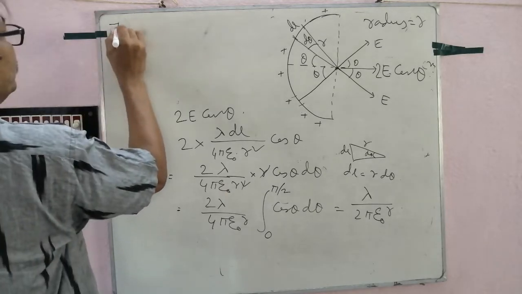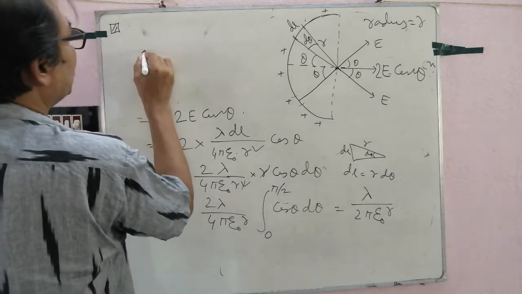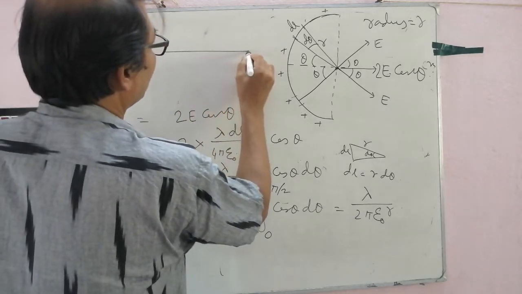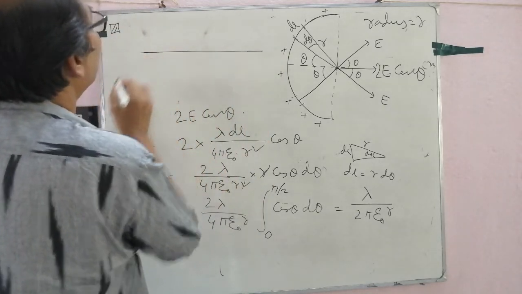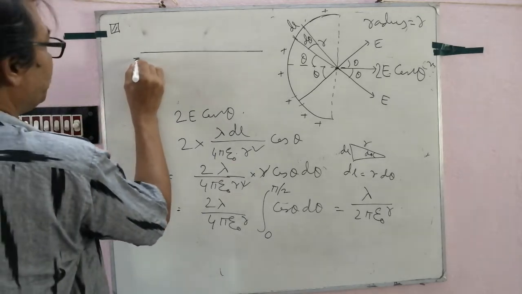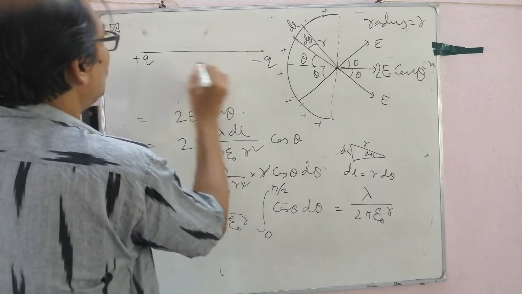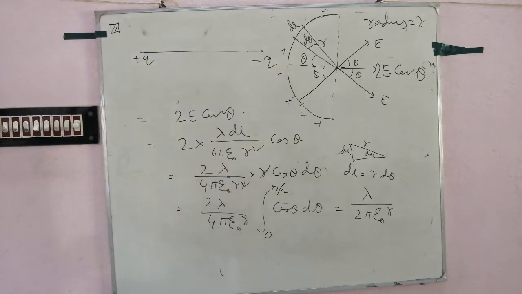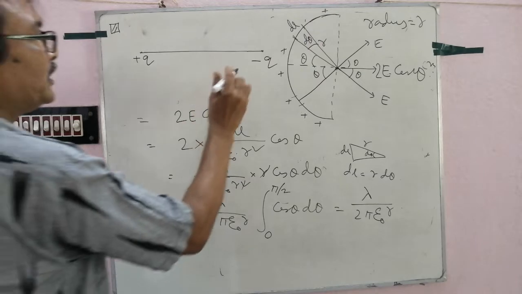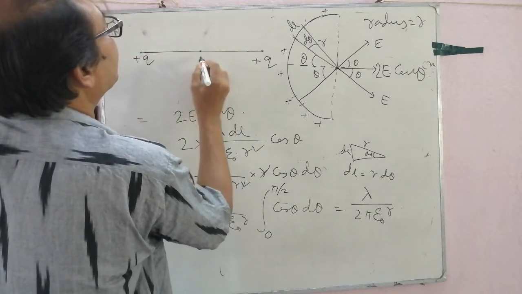Next item. This is plus Q, this is minus Q, 2 point charges. Sorry, both the charges are plus Q. Here is another point charge.